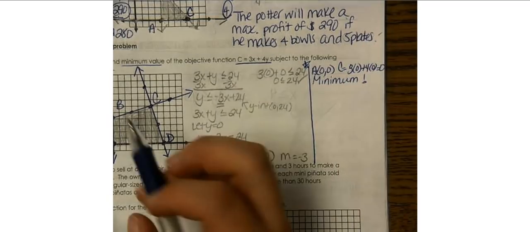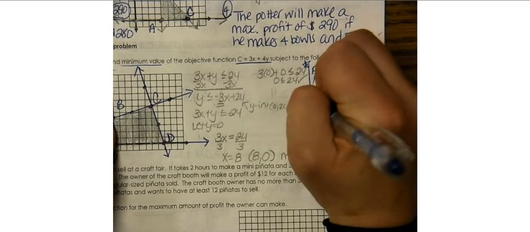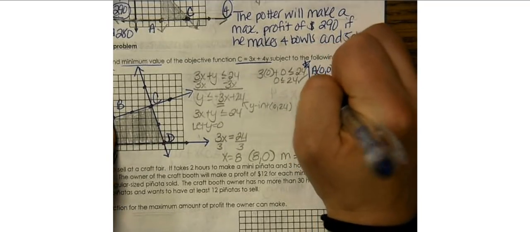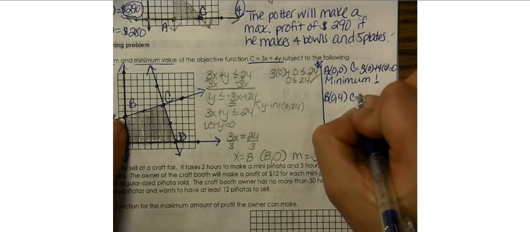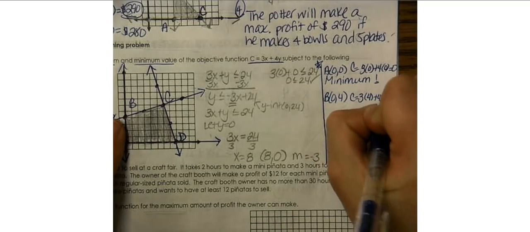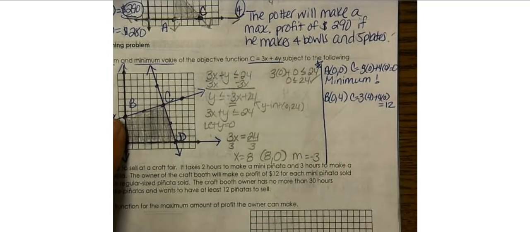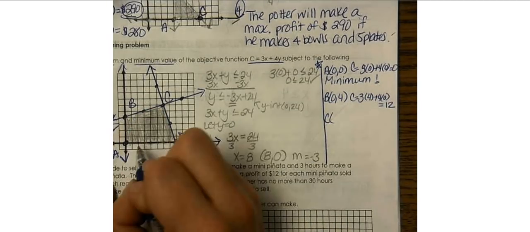So I'm going to write down 0, 4. And I'm going to say, what's C? C is equal to 3 times 0 plus 4 times 4, and that is going to be equal to 16. Okay, let's look at the next point. It is located at 1, 2, 3, 4, 5, 6. 1, 2, 3, 4, 5, 6. 6, 6.